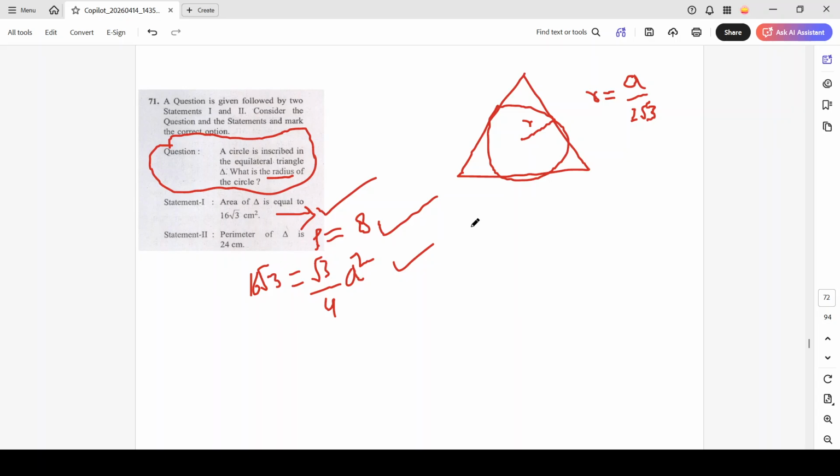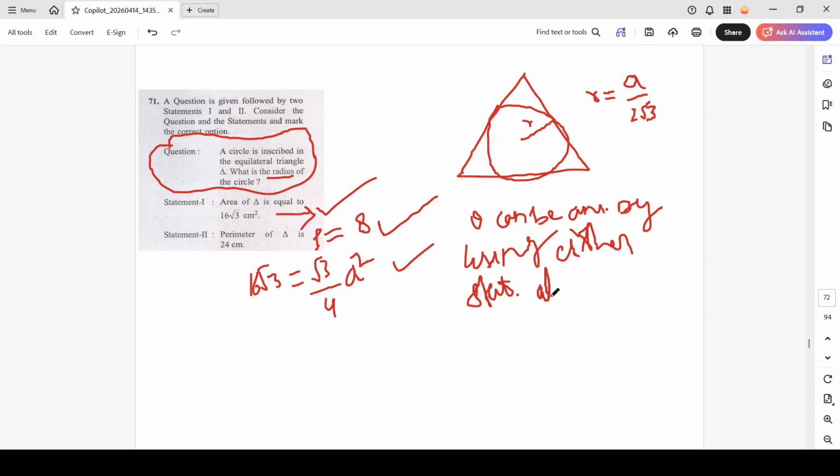So what will be our answer? The question can be answered by using either statement alone.